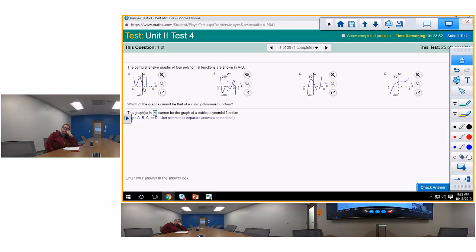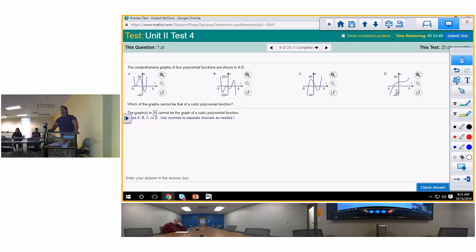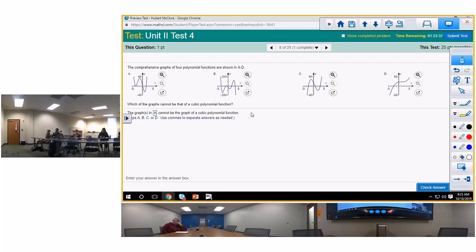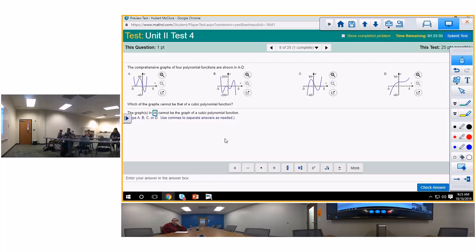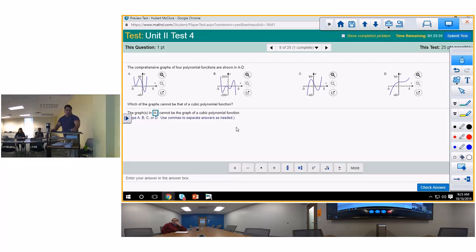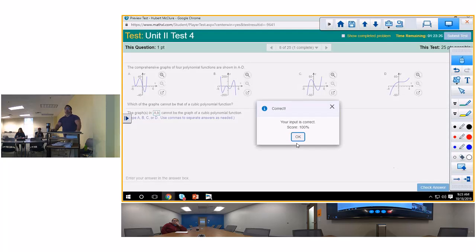That's a cubic function, that's a cubic function, and that's a cubic function. I don't understand why. Which of the graphs cannot be that of a cubic polynomial function? Not when I do preview. I'm going to say A comma B, but that's not going to be right. That's not right.